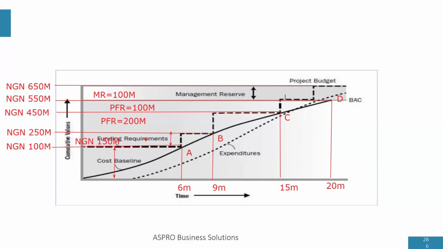If you're creating a cumulative curve in statistics, it will always give you an S-shape. So the cost baseline being a cumulative curve is actually S-shaped in nature. With Excel, you can create this kind of thing and then track your budget and see what it is.